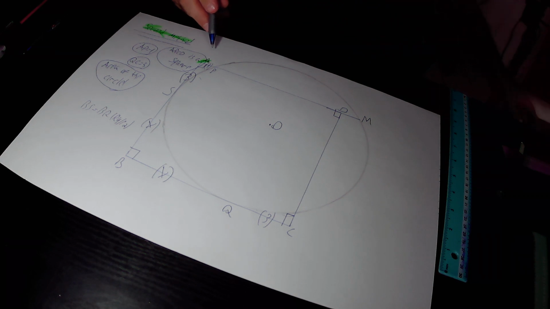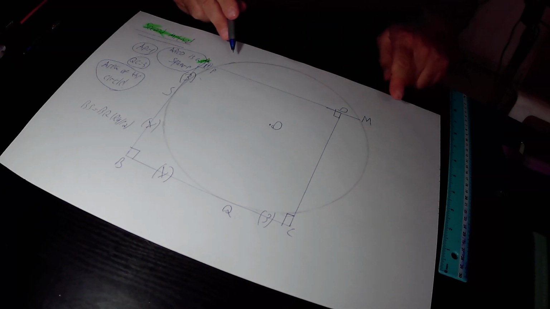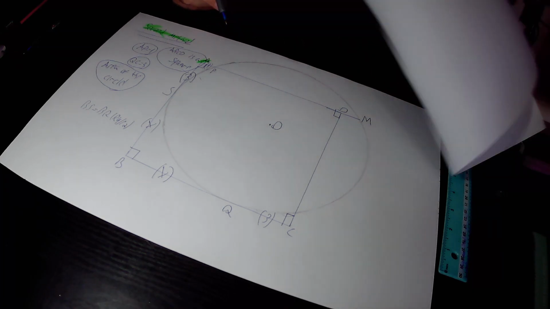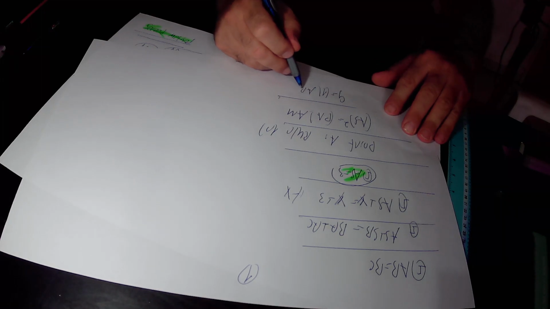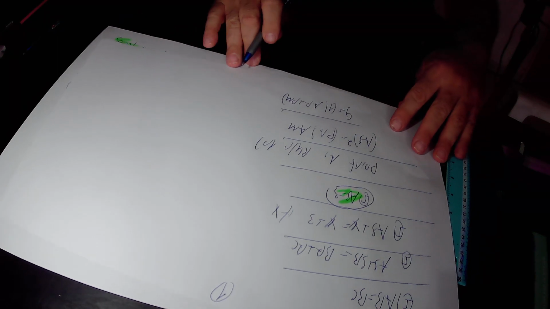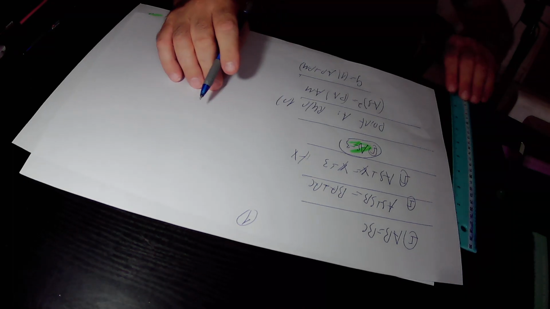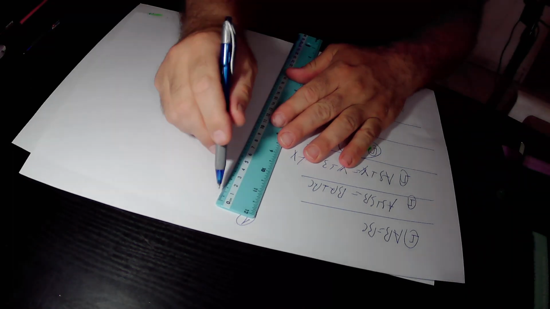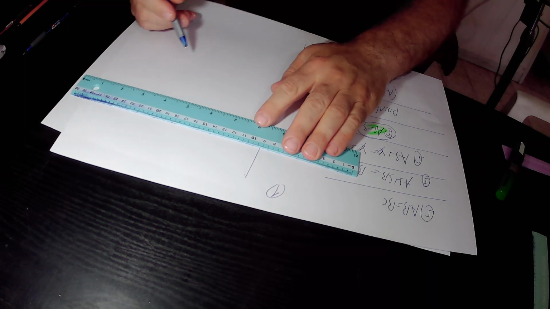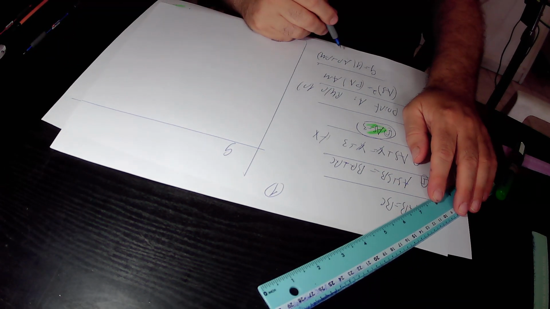AM in total equals AP plus PM. So according to rule 10, 9 equals 1 times AP plus PM. 1 times any number is that number, so 9 equals AP plus PM.